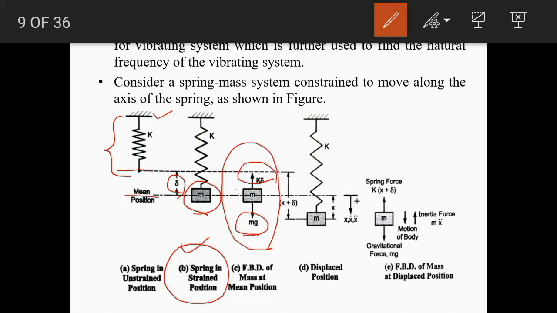So the magnitudes of the weight and spring force are equal, but both forces act in opposite directions, so they neutralize the effects of each other. For this static equilibrium condition, we can write mg is equal to k into delta. So these two forces can be neglected in the further analysis, as they neutralize the effect of each other. But in this theory, we are going to consider both the forces.